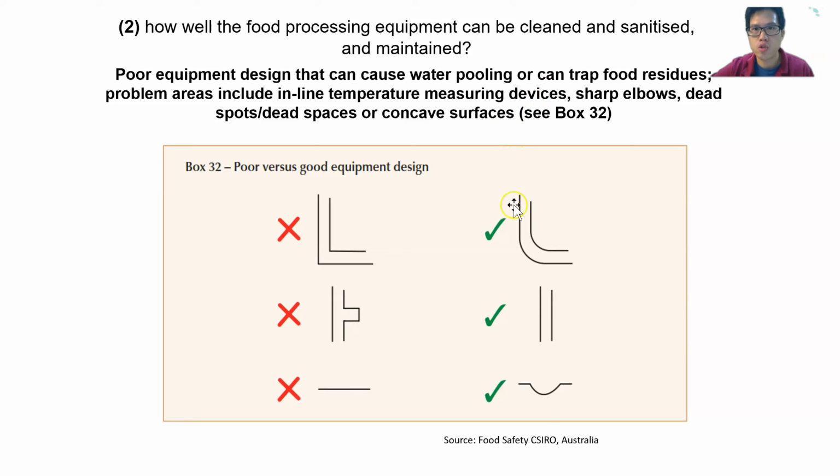So please buy commercial equipments that have been designed properly, not because it's cheaper. You buy that and then you cannot clean it properly, and you compromise the safety of the consumer by serving food that has a potential risk of being cross-contaminated.